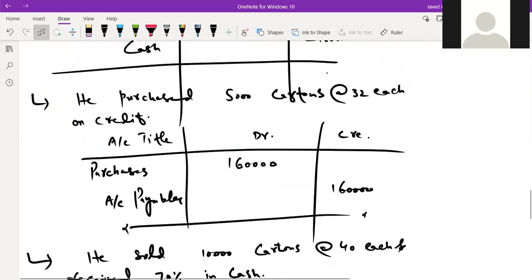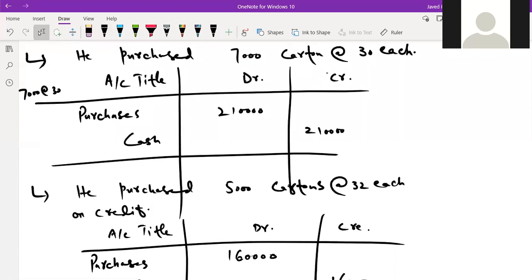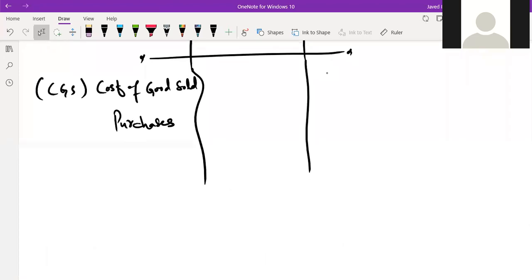Now we need to calculate the cost of these goods. You had two purchases, one was 7,000, the other was 5,000. So 7,000 were purchased at 30, but the next 5,000 were purchased at 32. So you need to keep in mind that you have 12,000 out of which you are selling 10,000.